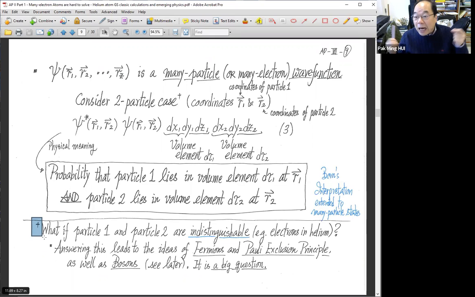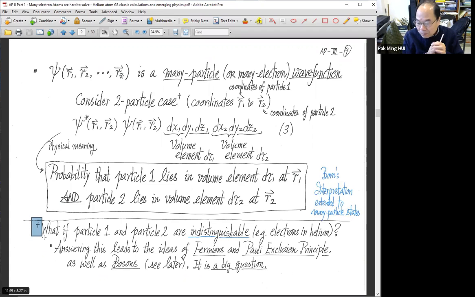Well, electrons are identical, no doubt. But I would say, if I have an electron here and another electron on the moon, from their location, I can still distinguish them. Indistinguishability means identical particles living close to each other in the same place. So 2 electrons living in the same helium atom, then we have to think about this footnote.